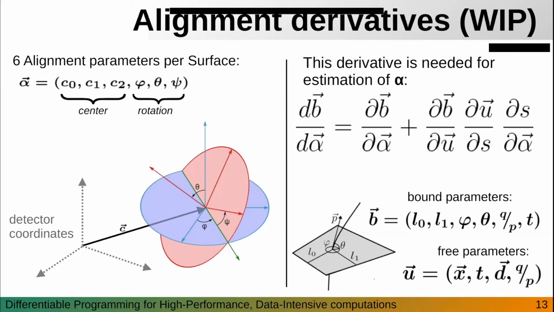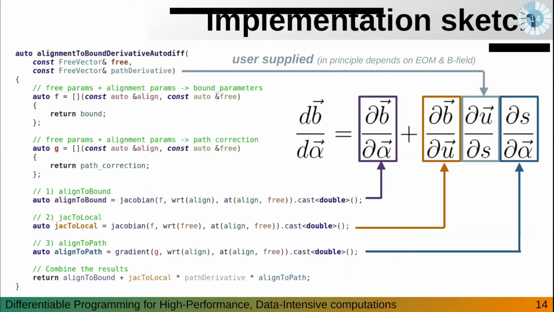We also want to compute this with Autodiv. This is not yet how the interface will look; it is just an implementation sketch. The difference to before is that one part of the derivative is user supplied, because in this part of the software we don't have access to the equation of motion in the magnetic field.